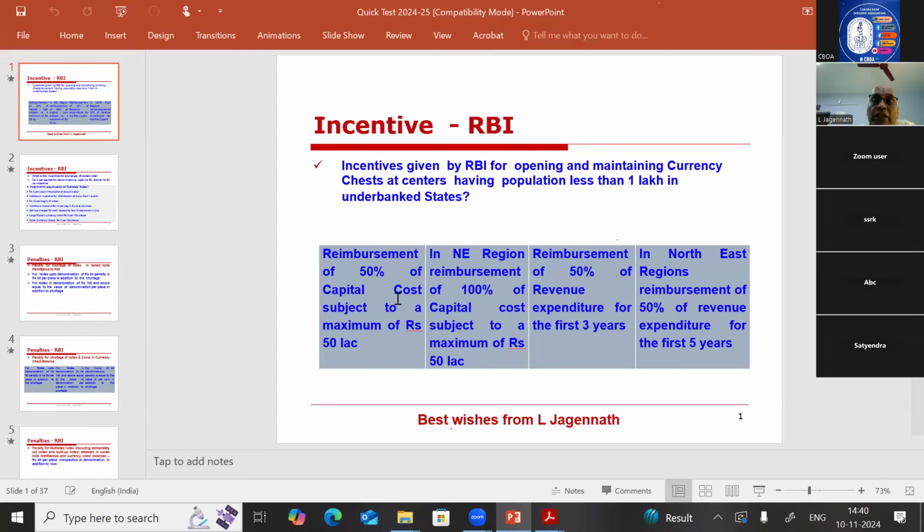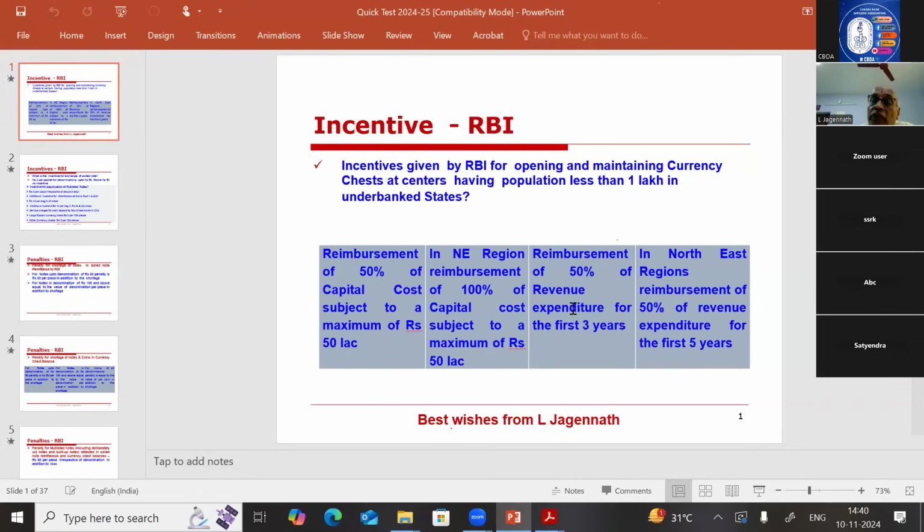Reimbursement of 50% of the capital cost subject to a maximum of rupees 50 lakhs. What do you know? Capital expenditure. Suppose the same currency chest is in the northeastern region: reimbursement of 100% of the capital cost subject to a maximum of 50 lakhs. Here 50%, 50 lakhs; here 100%, 50 lakhs.